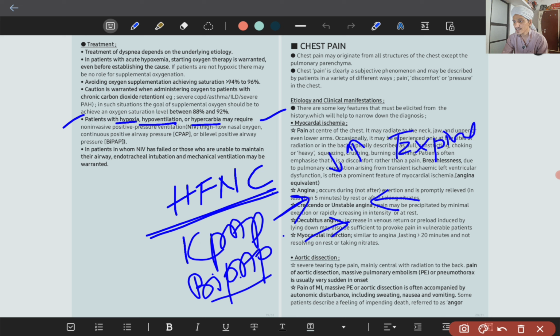So that is the disadvantage of CPAP, that the pressure will be maintained during inspiration also, but we want pressure only during the expiratory phase. So that's why BiPAP, bilevel positive airway pressure, is given, where the machine will maintain pressure only during the expiratory phase of the patient's respiration.